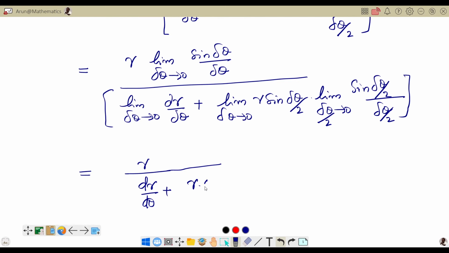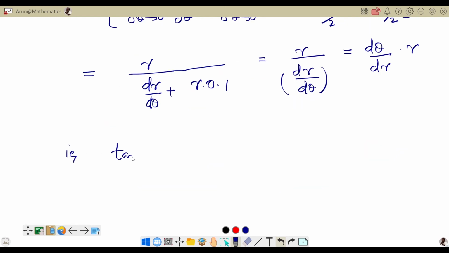So this is R by dr by d theta. So this is equal to d theta by dr into R, that is tan phi equal to r d theta by dr.